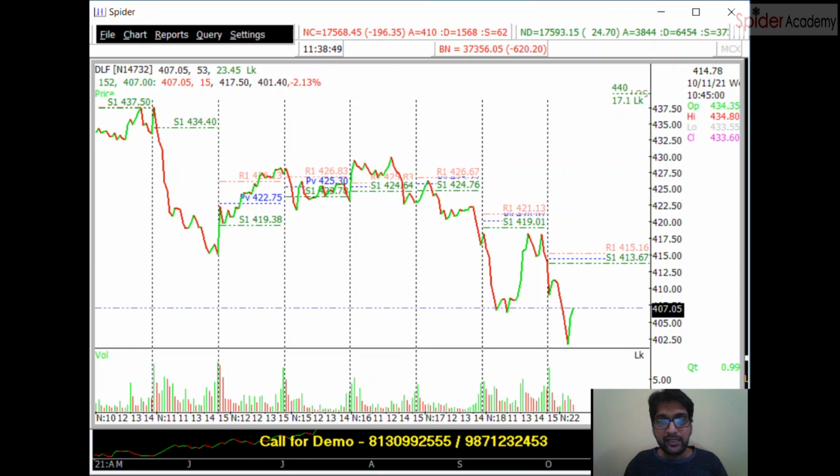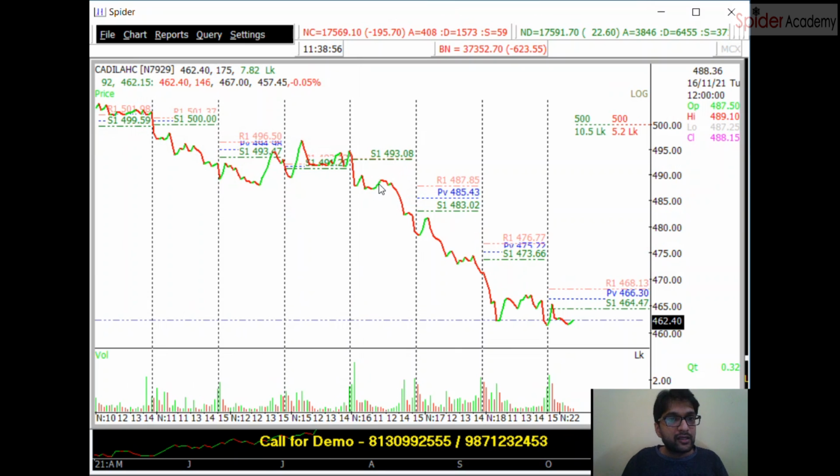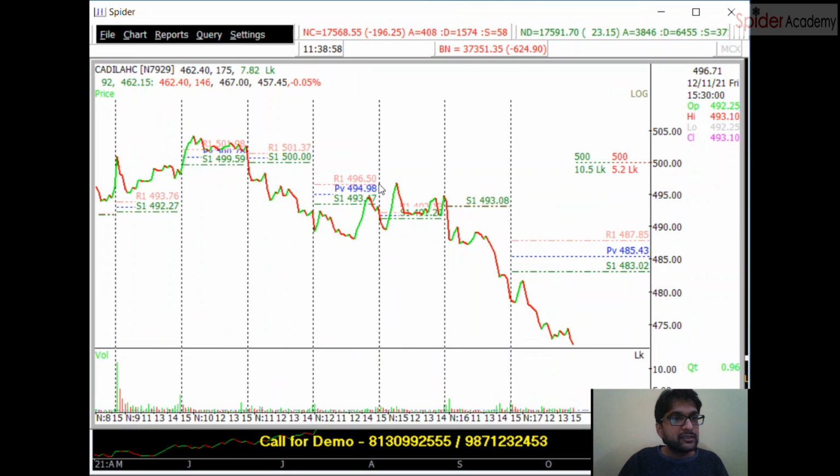If we take an example to understand, take Cadila. In Cadila, you can see that this R1 is less than the previous R1, and S1 is greater than the previous S1, and you can see the momentum is very high, right?